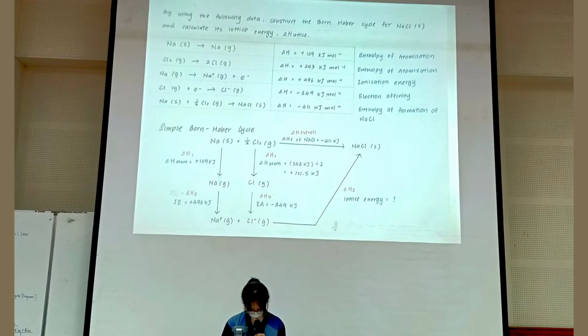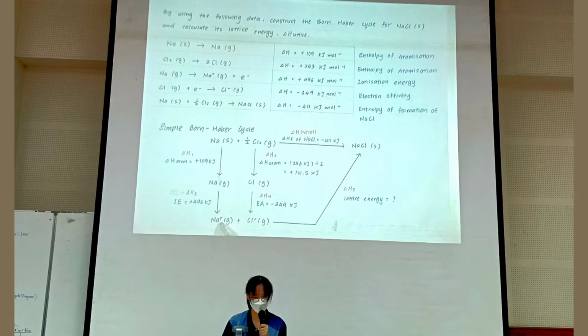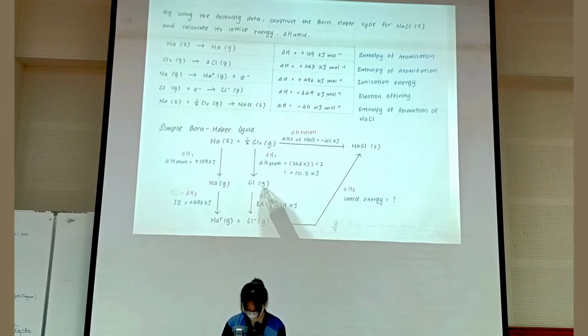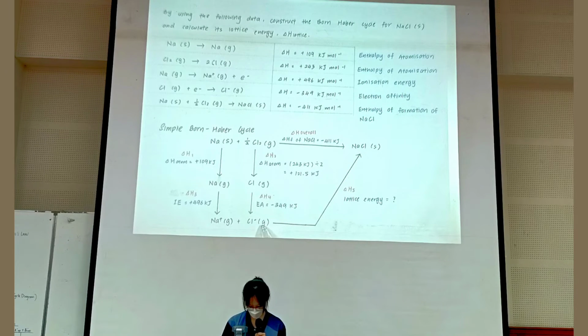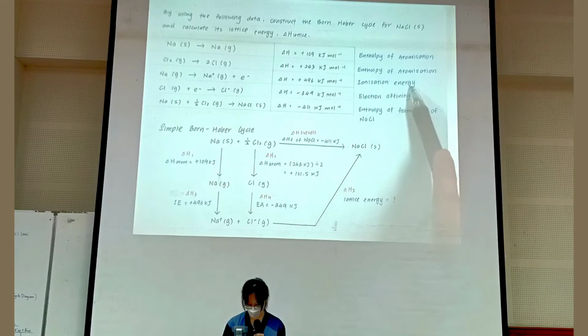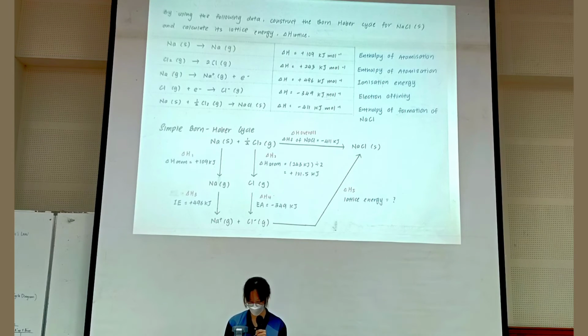The third step is we have to convert the sodium gaseous atom into sodium gaseous ion, and convert the chlorine gaseous atom into chloride ion in gaseous state. If we want to convert the Na into Na+, we have to use ionization energy, because ionization energy is the minimum energy required to remove 1 mole of electron from 1 mole of gaseous atom or ion.